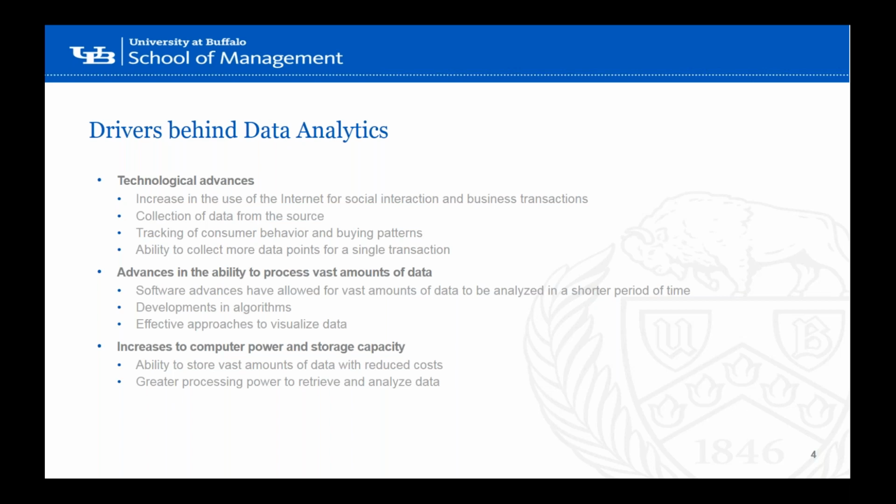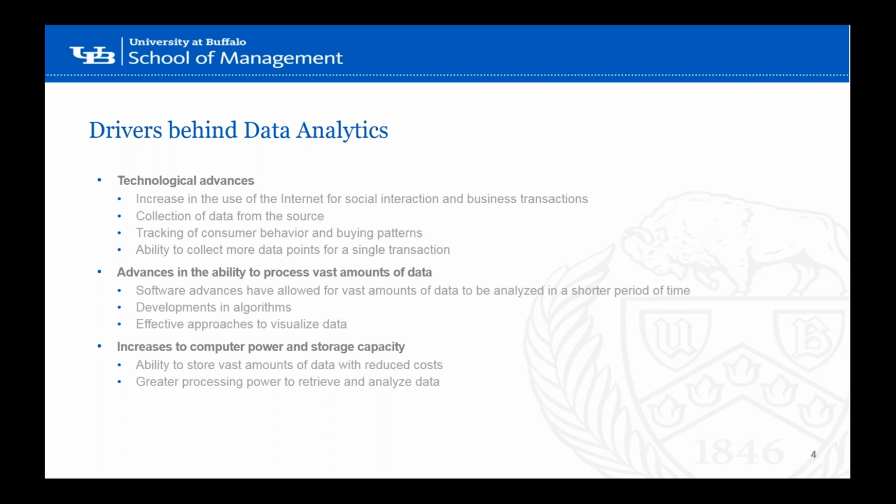Advances, so they're able to process vast amounts of data much faster, and that's through more advanced algorithms that are able to sort through the data and consolidate it easier. Also, too, we have different approaches to visualizing data, and we'll talk about some of the software options for data visualization that makes it easier to see what's going on and to identify patterns in activity.